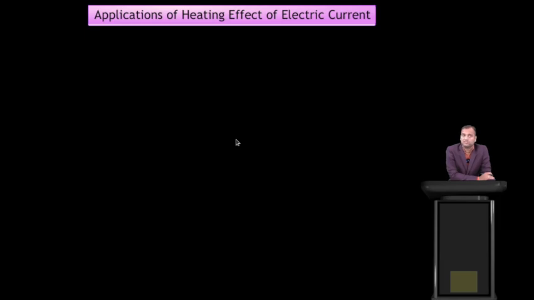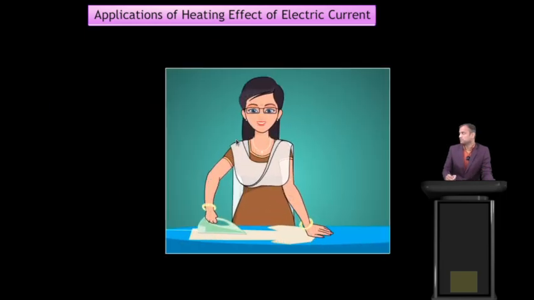There are also applications of the heating effect of electric current. Let's see what the uses are. First, what is she doing? Yes, she is ironing the clothes, and she is using an electrical press.